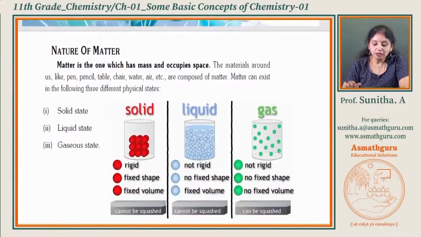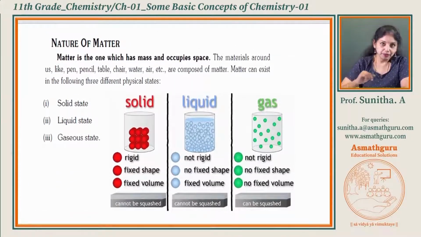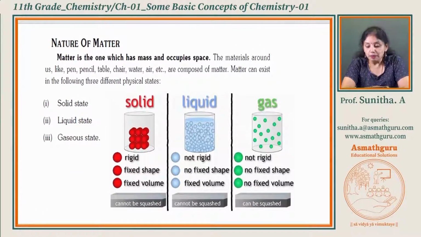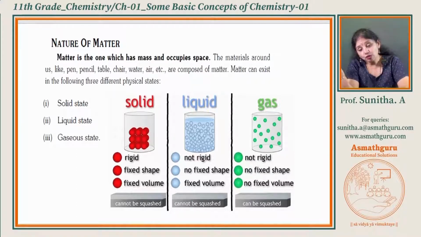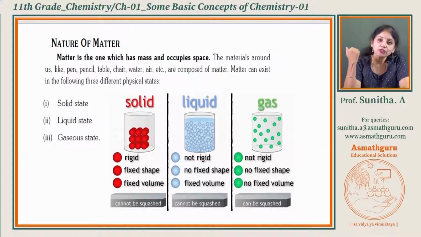When we are talking about matter, we all know matter is the one which has mass and occupies space. Anything and everything around us, whatever we see, is comprised of matter. It can be the device you're using, your phone, your laptop, or the books you're reading, or the food you eat, the air you are breathing, the water you drink.